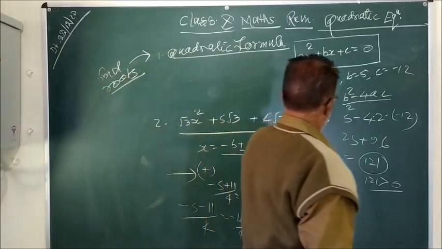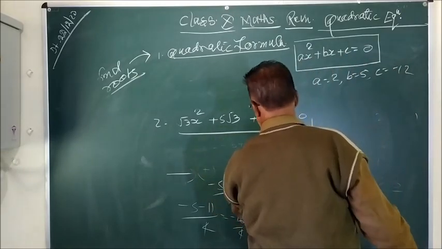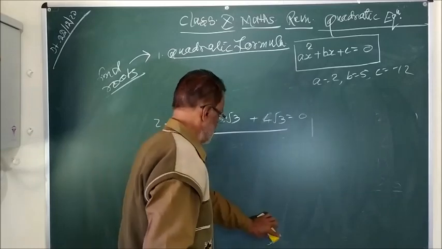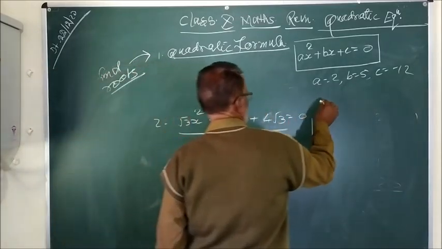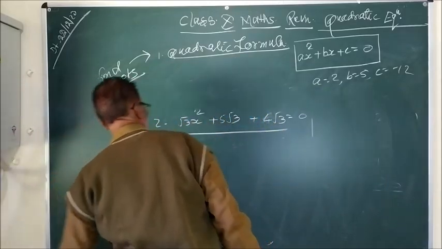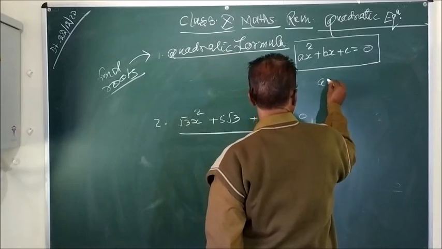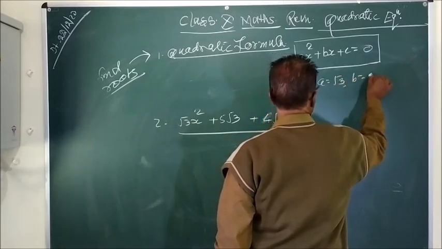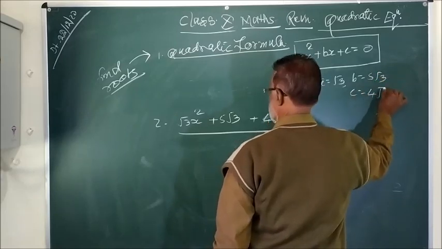Now you see the second question. The questions relating to the roots are also important. Using the quadratic formula, a is equal to root 3, b is equal to 5 root 3, c is equal to 4 root 3.